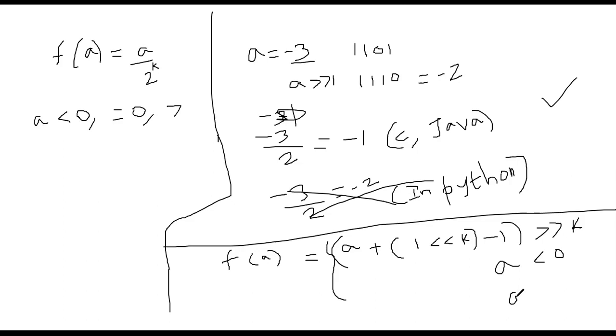What if our a is greater than or equal to 0? That we know, that's easy. We just do the regular right shift. So this is what we learned through the synthesizer. Let me go back to the code here.